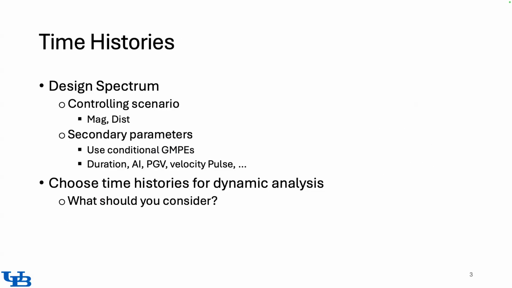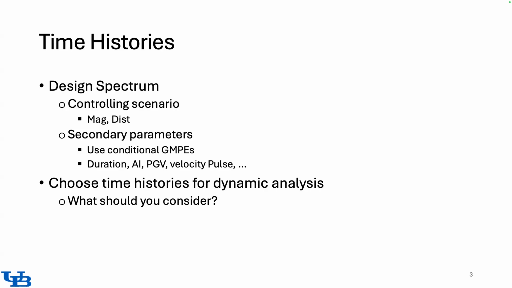So regarding the time series, let's connect it with where we currently are. With what we have covered so far, we should be able to get a design spectrum. That's the spectrum that we get for the return period that we are interested in. And it can either be based on the hazard or based on its risk.